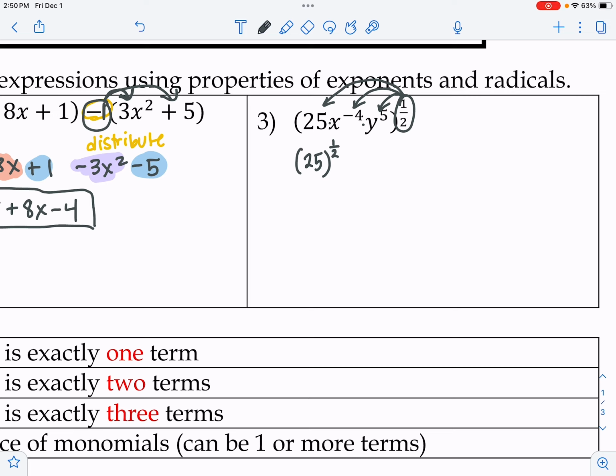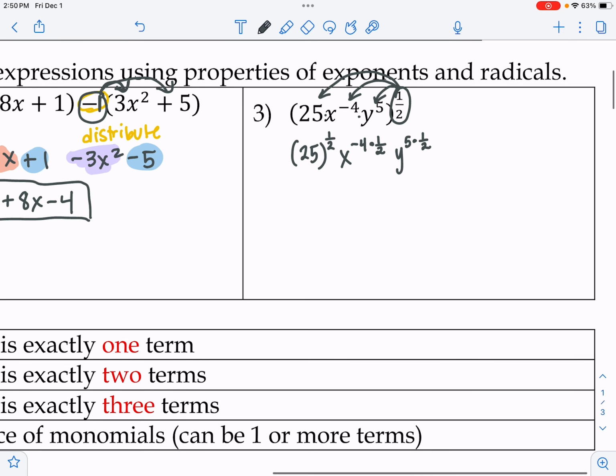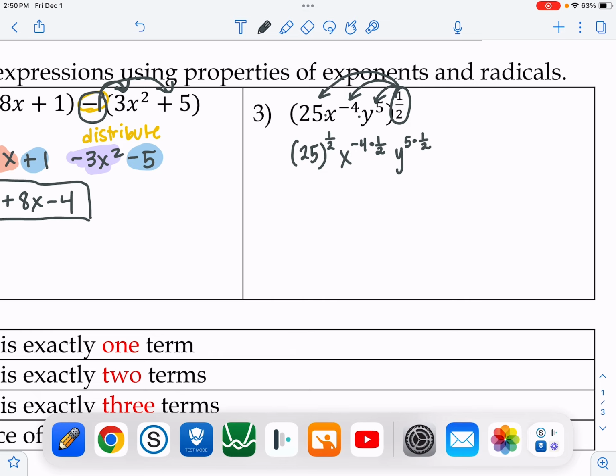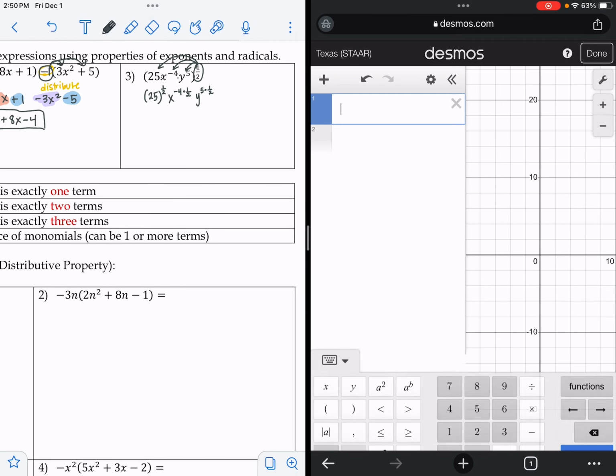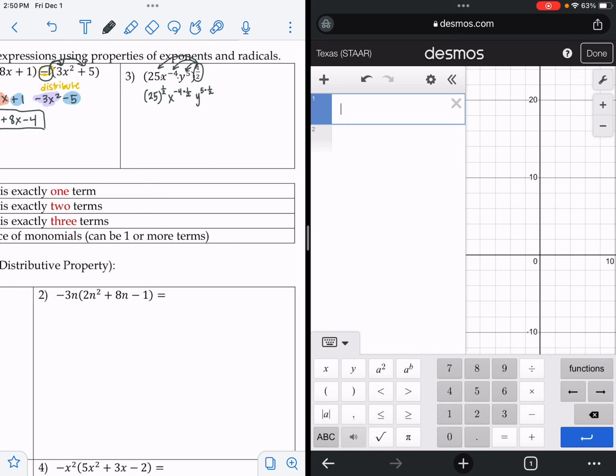When we distribute to the x, he already had an exponent of -4, so if we're giving him a second exponent, we need to multiply those exponents. Same with the y. He already had a 5, and so now he also has a 1/2. We're going to multiply them. And so you can use Desmos to handle this. Just be careful when you're typing in 25 raised to the 1/2. That 1/2 needs to be in the exponent.